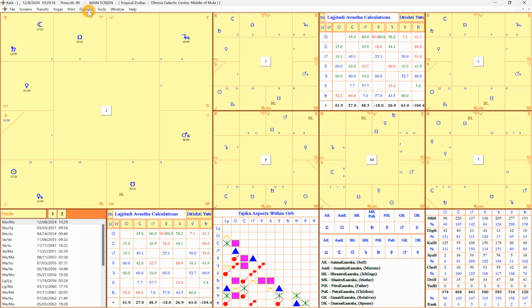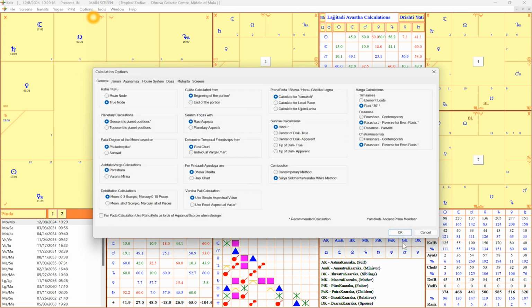when you are in your calculation options, you have different options to choose for some of the Vargas that are used in the calculation. Okay, so in the Trimsamsa, the 30th Varga, we can take the Rashi, divide it into 30 parts of 1 degree each, and do a Parivriti method on that.